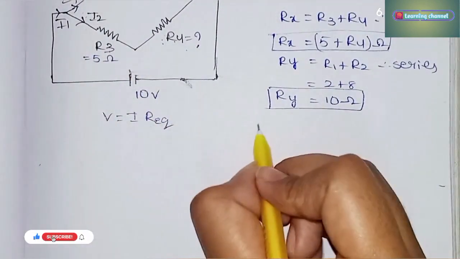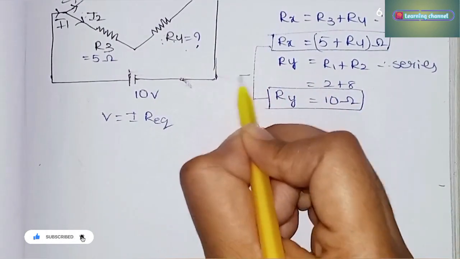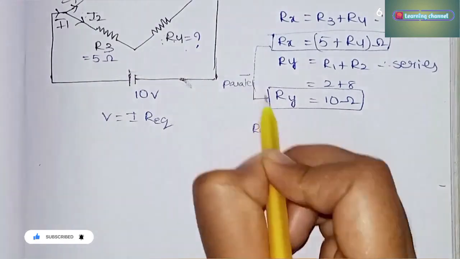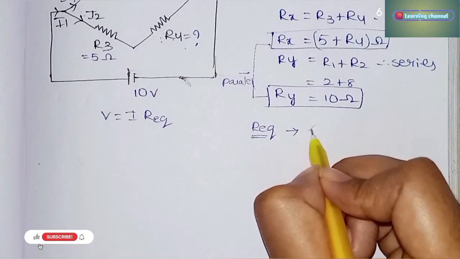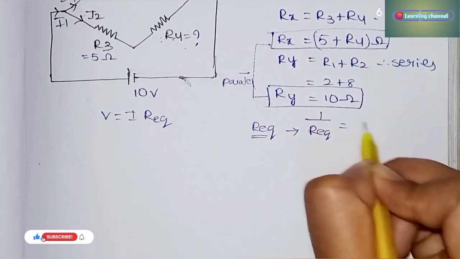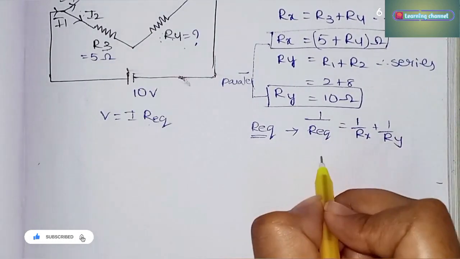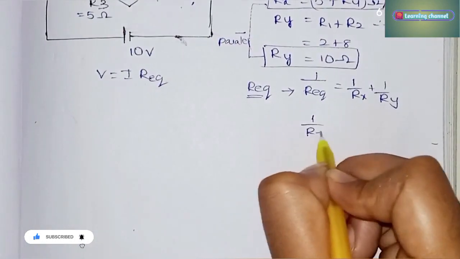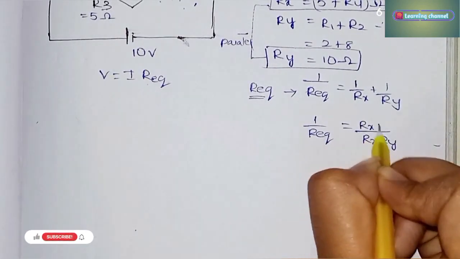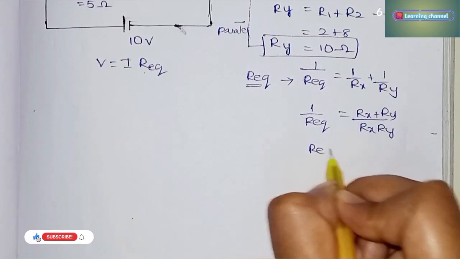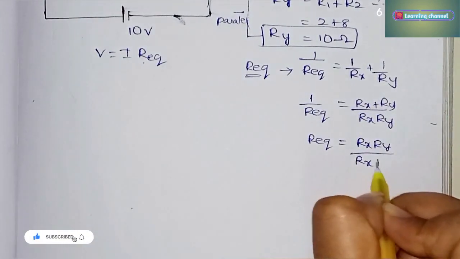To find the R equivalent, these two resistances are in parallel, so the formula is 1 by R equivalent is equal to 1 by Rx plus 1 by Ry. So R equivalent is equal to Rx Ry by Rx plus Ry.